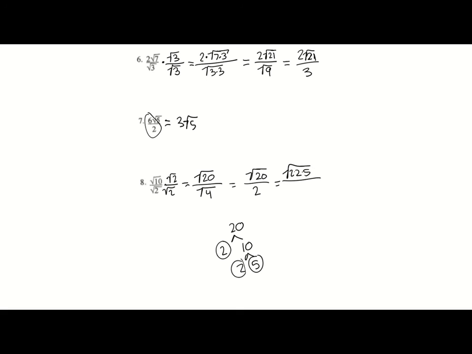I can pull out one of those 2's. If I have a pair of 2's right there, it's the same thing as 2, and only the 5 is left under the square root. Now I have 2 divided by 2. My 2's go to 1. 2 divided by 2 is 1. And I have the square root of 5 left as my answer.